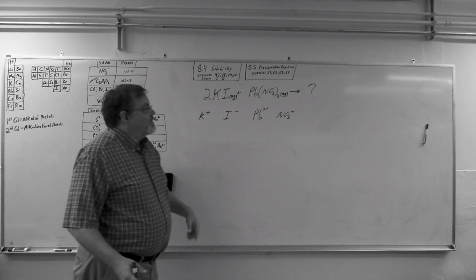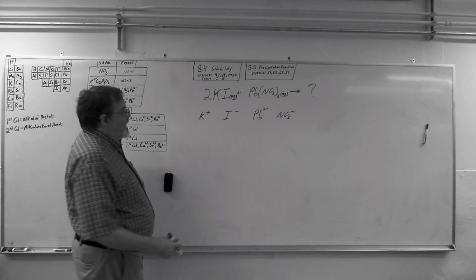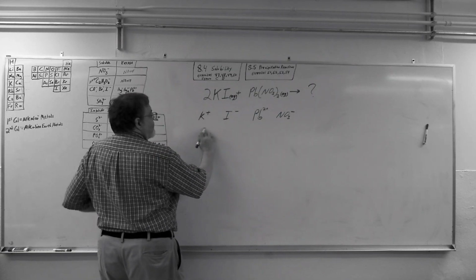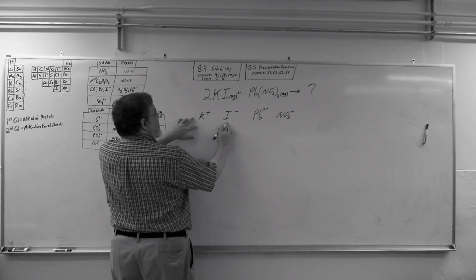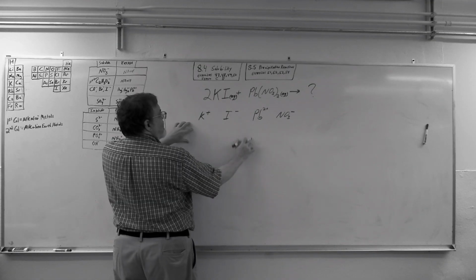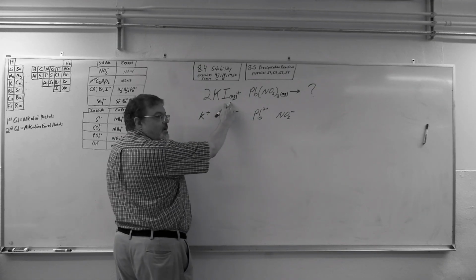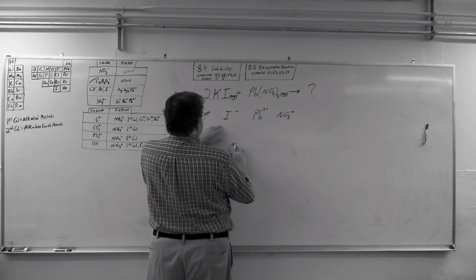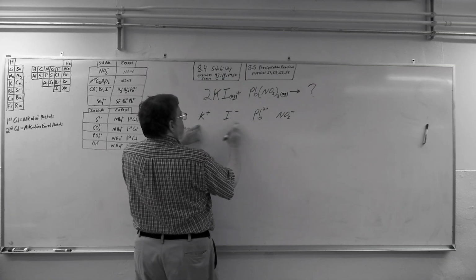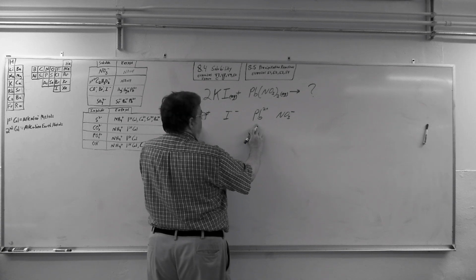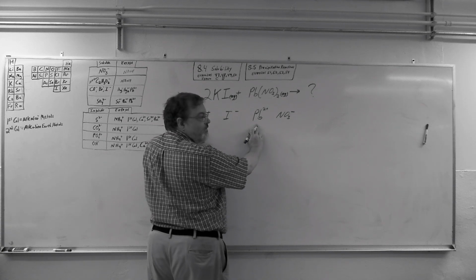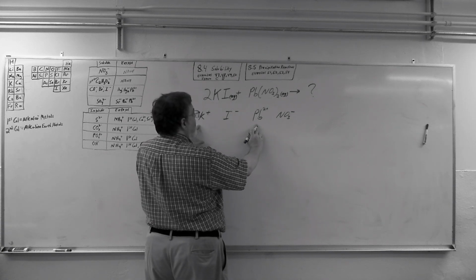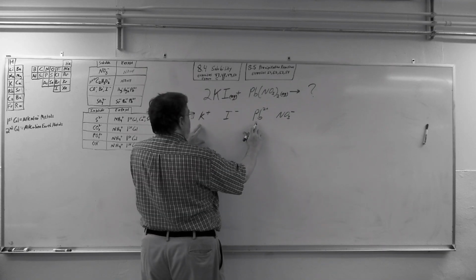Now that we have that condition, that is both are soluble, now this can happen. K can float around in the water and bump into I, but they're going to bounce away because its natural state in water is to be apart as ions. K's probably not going to bump into Pb because they're both positive, so they're not even attracted to each other. So they will repel each other.